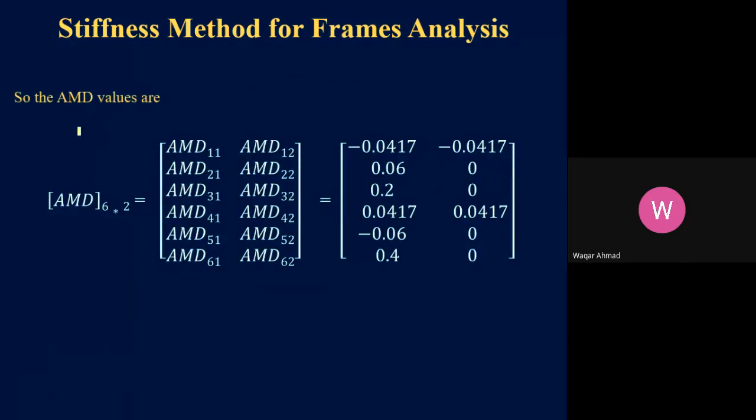So now this becomes our AMD matrix. This is the first column, which is coming from when a unit displacement was applied at coordinate number 1. And this is the second column, which is coming from that step when we applied the unit displacement at coordinate number 2.